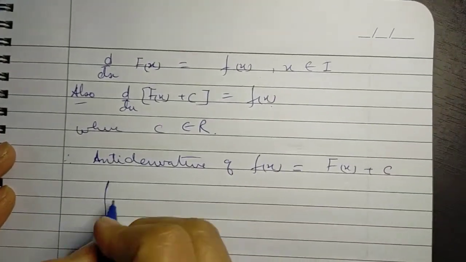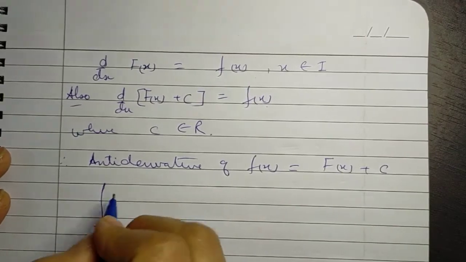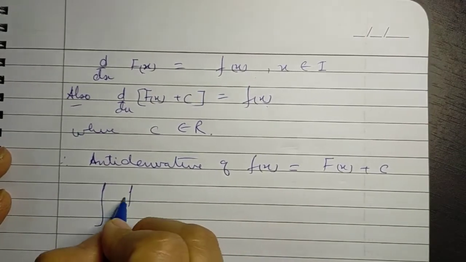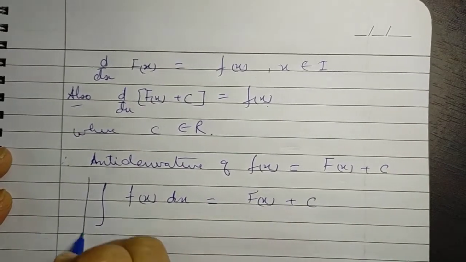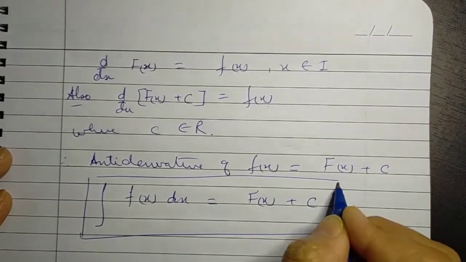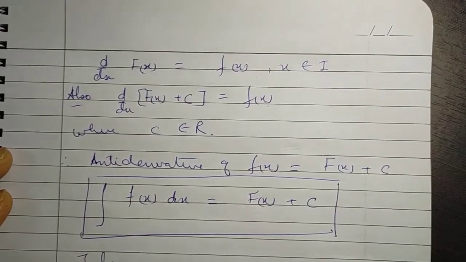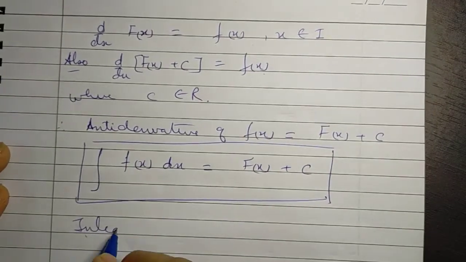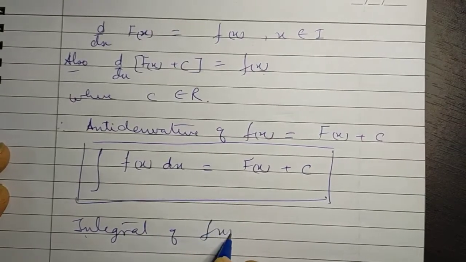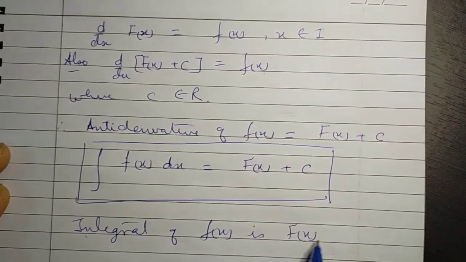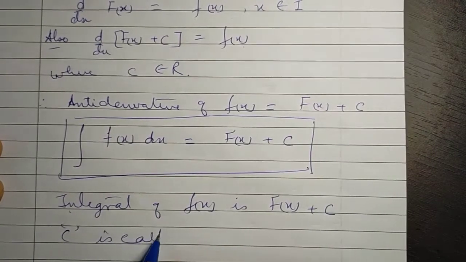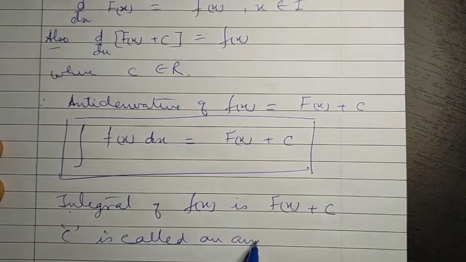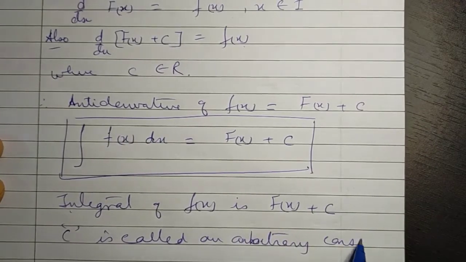And we write it as the integral of f(x) dx is equal to F(x) plus c. So we speak it as the integral of f(x) is F(x) plus c, where c is called an arbitrary constant.